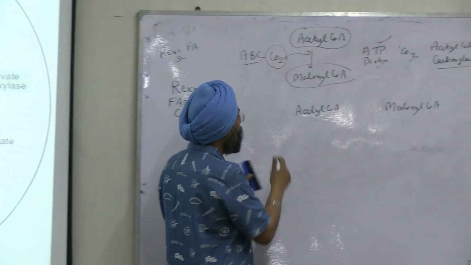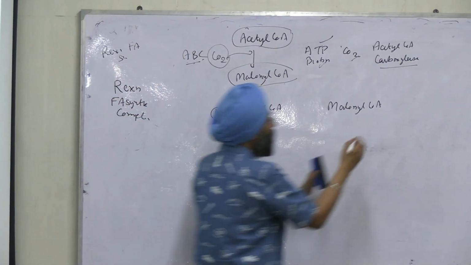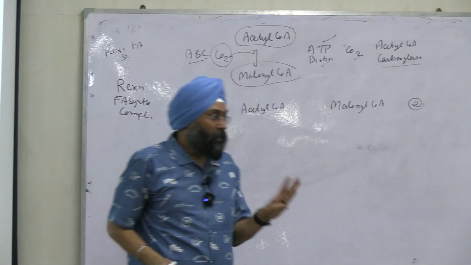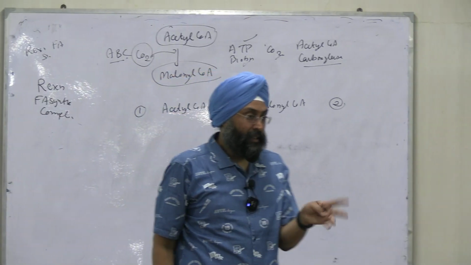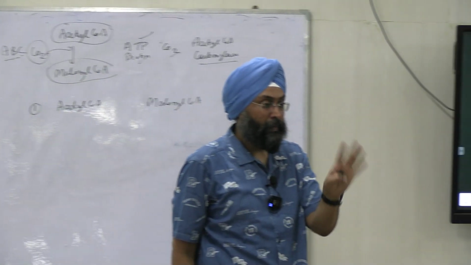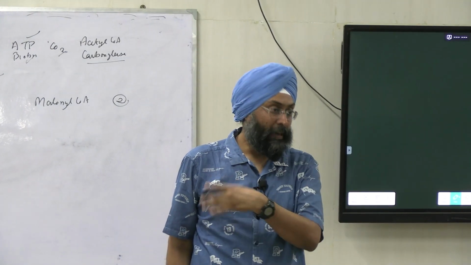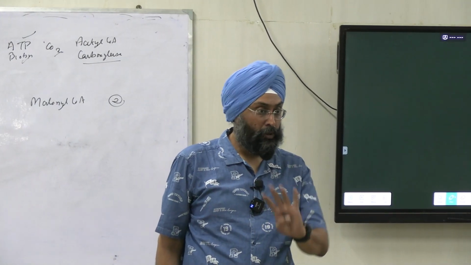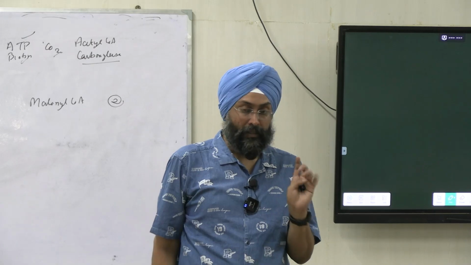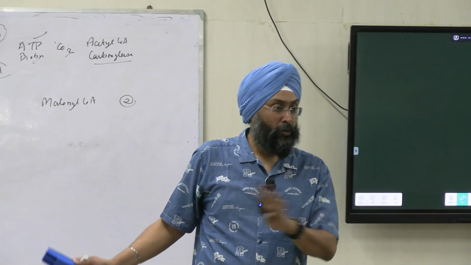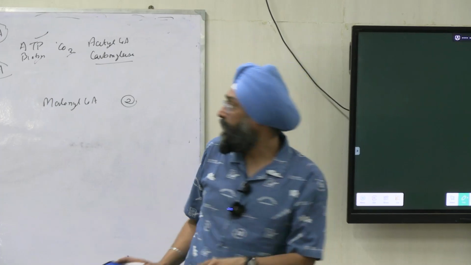So first we will have acetyl CoA and second is malonyl-CoA. Remember one thing, I checked yesterday, the reactions are different in Harper, a bit different in Vasudevan and a bit different in Satyanarayana, right? So I picked from Harper, right? So you can cross check them, but I think Satyanarayana has some mistakes, right? You can get this video as well, so you can do it from this side, okay?